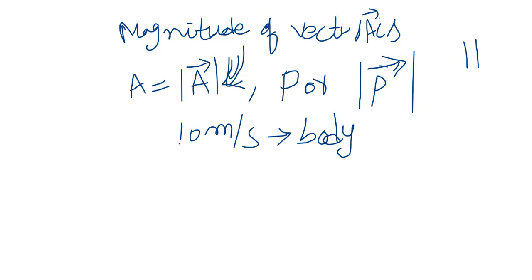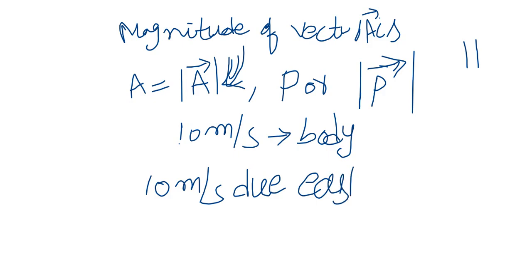A body moves 10 meter per second due east. What is the difference between these two? Here we just represent the magnitude number.